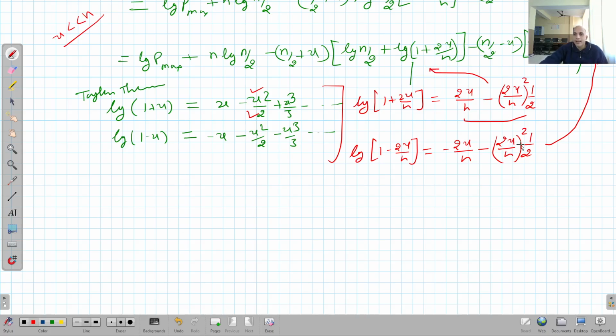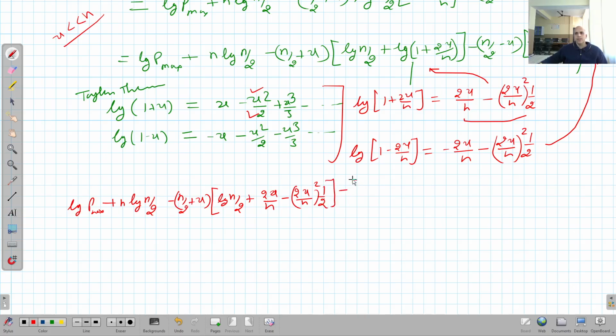When you put these values here, you will get log of p maximum plus n log of n/2 minus (n/2 plus x) bracket log of n/2 plus 2x upon n minus (2x upon n) whole square into 1 by 2, right?